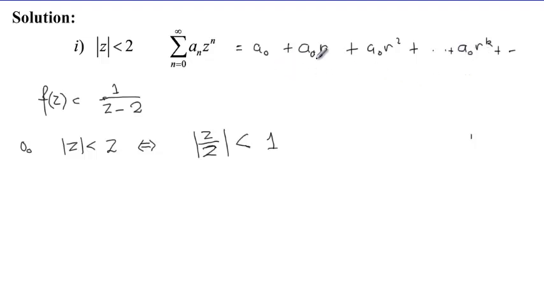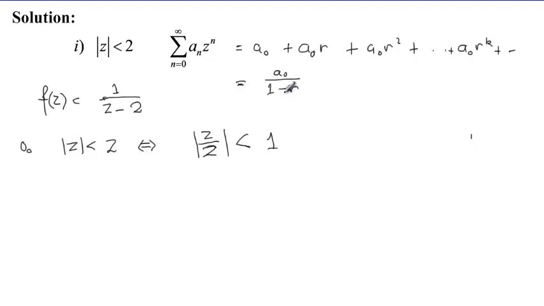Now if this geometric series was convergent, then we know that the sum would be a0 over 1 minus r. So what you should note here is that this is a power series in terms of r, and when it's convergent, this is its sum.